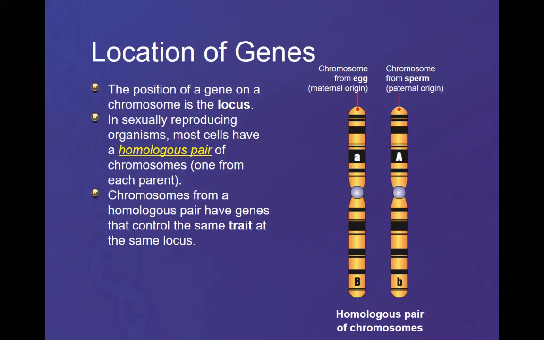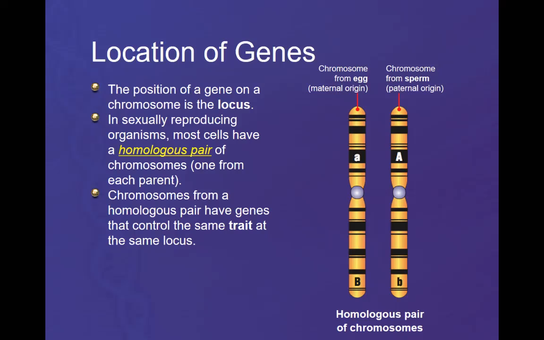If you look down at B, gene B has a particular locus that is not the same as gene A. For this particular trait, the chromosome from the egg has the dominant version, and the allele from the sperm is the recessive version. Notice that you do not have to have all dominant or all recessive on a particular chromosome.